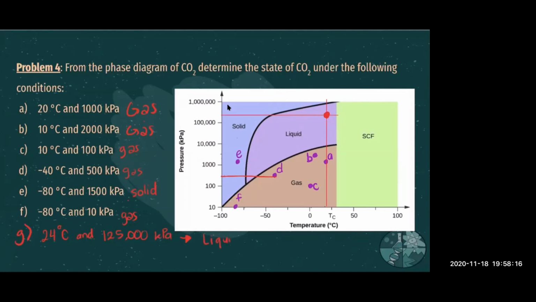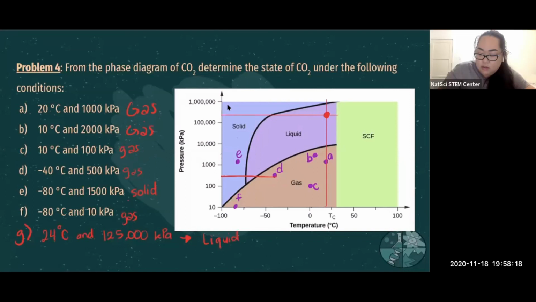It should be a liquid. You can see that they're split in half. So this is 25, that's the triple point. If I gave you probably around 40, that would go into supercritical fluid.